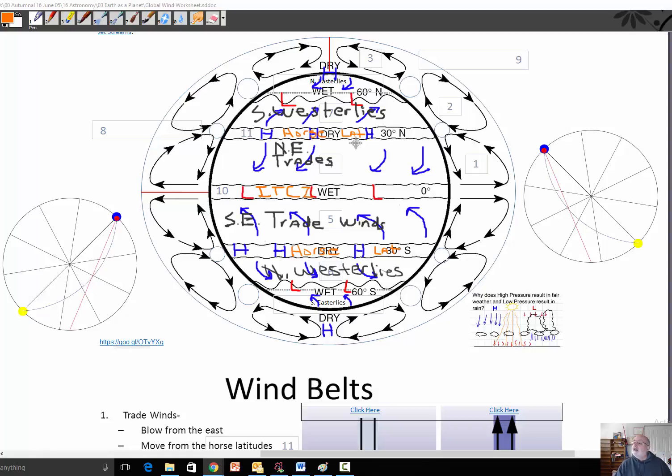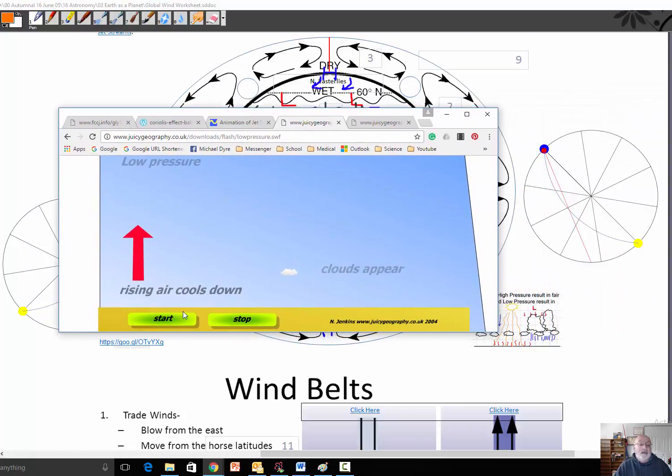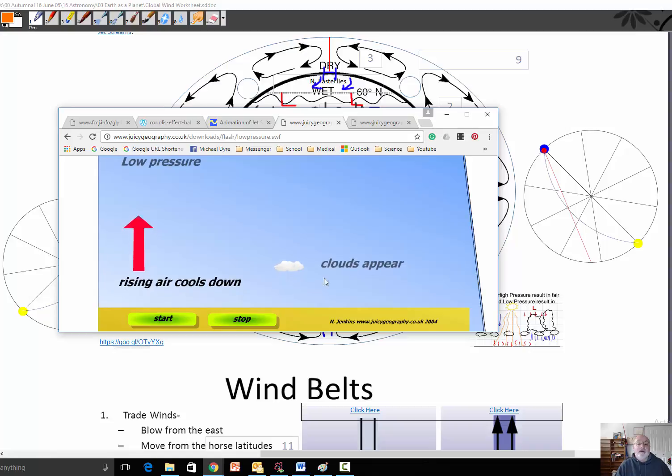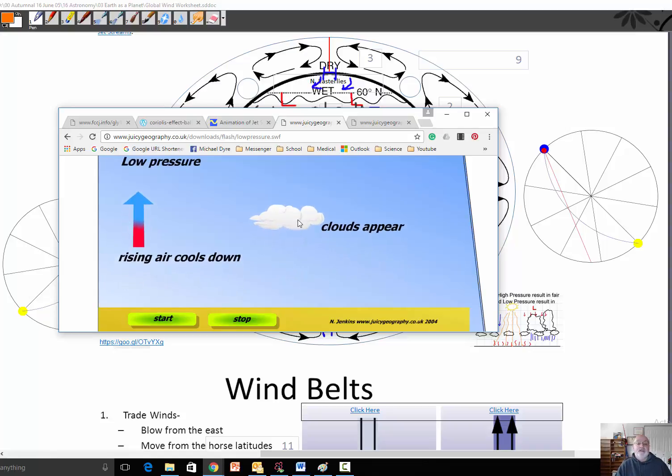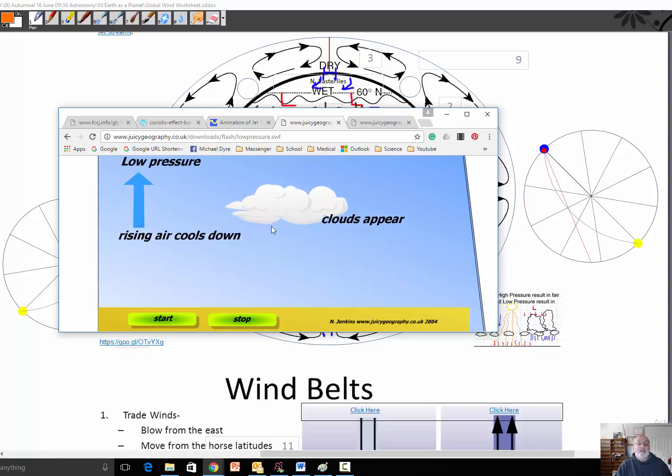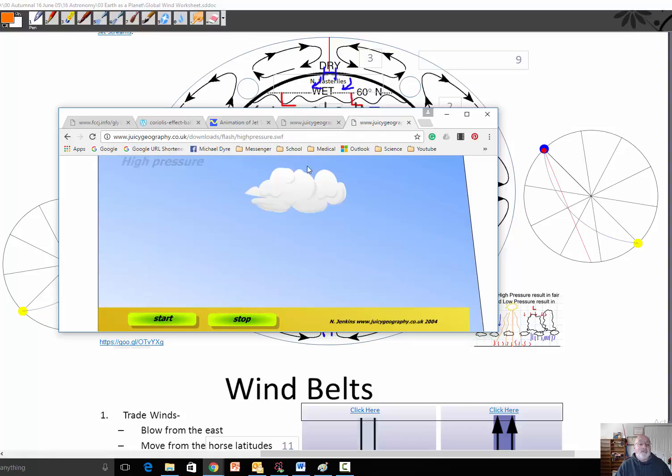So let me show you why it's wet. If we actually watch air rising, clouds actually appear, they grow, and at some point they start raining. And then what does a high look like? Colder air moves down from above.